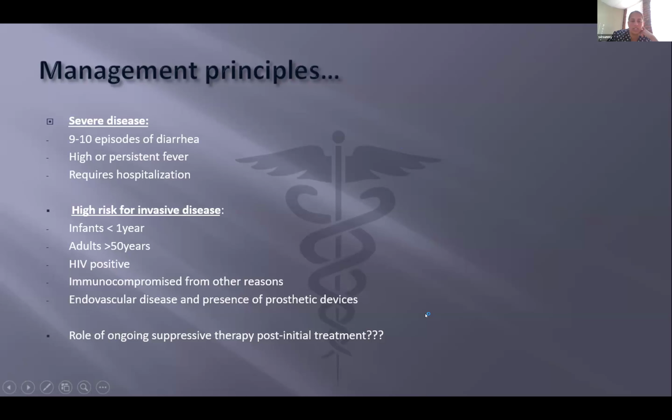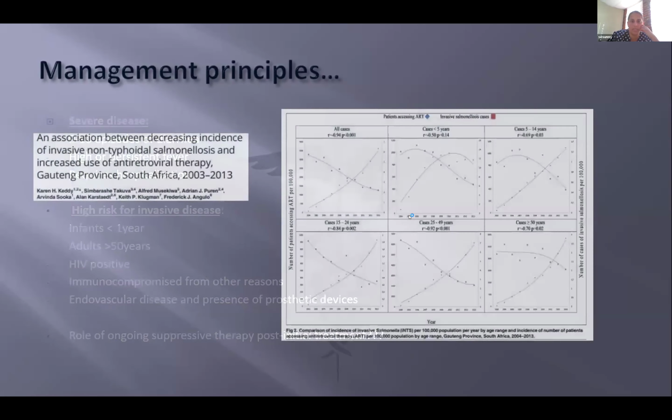The role for ongoing suppressive therapy post an initial treatment regimen, for example, with patients who have vascular grafts and orthopedic prosthetic devices really needs to be individualized from case to case. So it's not clear whether all these patients actually need ongoing suppressive therapy, and we don't have a lot of data for each of the clinical syndromes.